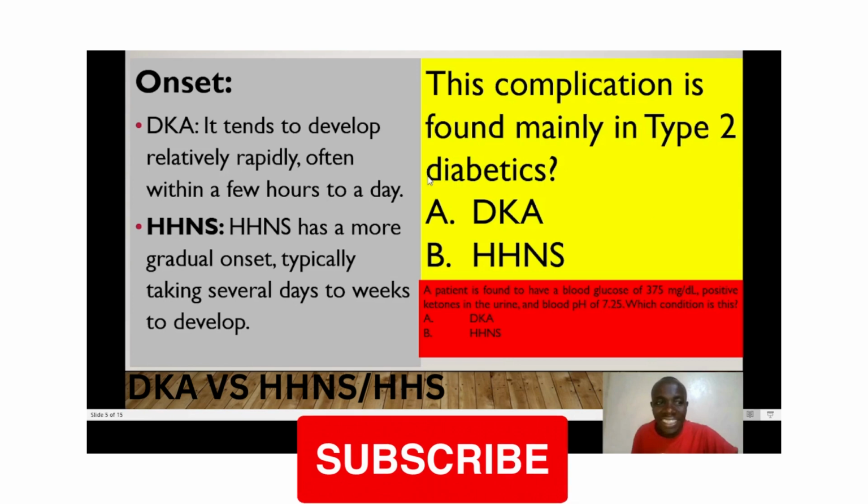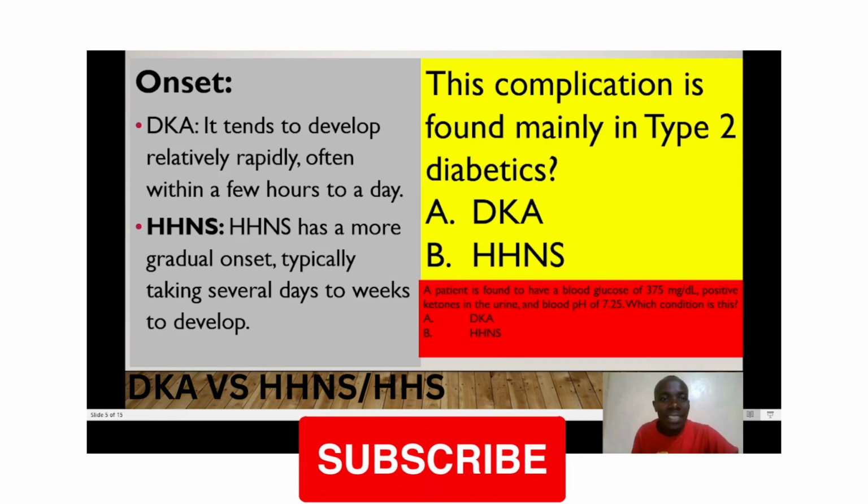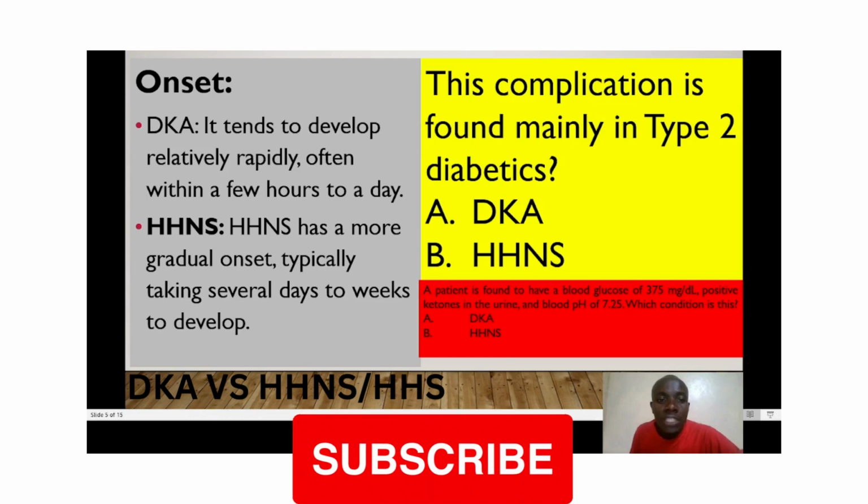In terms of onset, DKA tends to develop relatively rapidly, often within hours to a day, while HHNS has a more gradual onset and typically takes several days to weeks to develop. Okay? The complication found mainly in type 2 diabetes is which one?